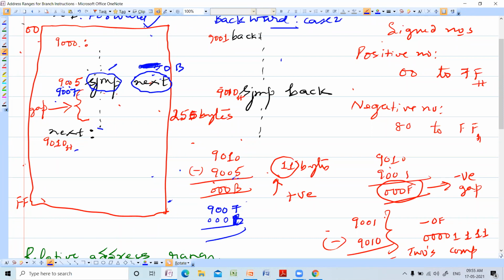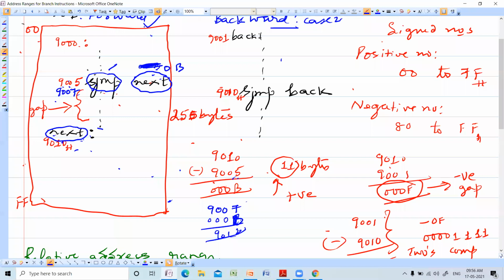When you add this, what happens? 11 plus 7 is 18. 18 in hexadecimal is 12. So you are going to get 9012. This is 9012, the next point. That's how this is got.